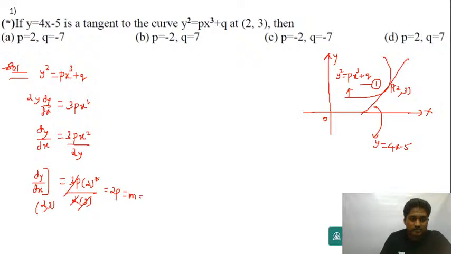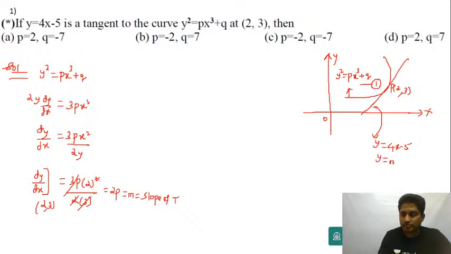You get this as 2p, that is the slope of the tangent, m. What's the tangent given? Y equal to 4x minus 5.